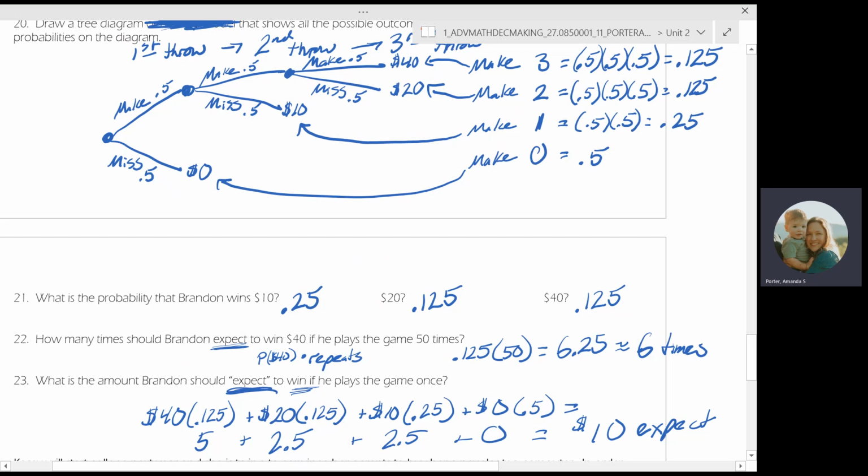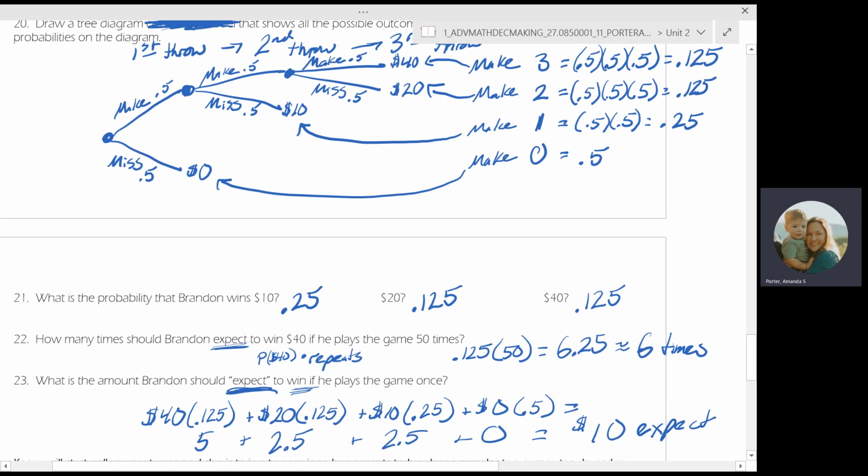So if we're asking you how many times, if you play the game once, you're going to use your probabilities times your amount of money, and you're going to add those together. Now, the only monkey wrench we can throw in here is if I tell you you had to pay for a ticket, you would subtract the ticket cost from the amount that you expect.